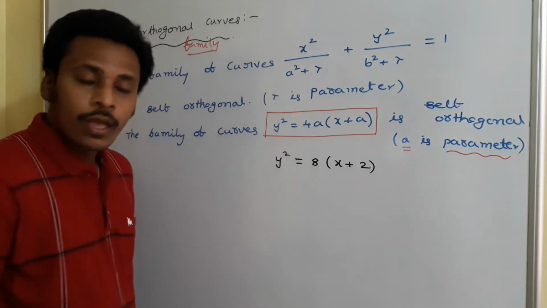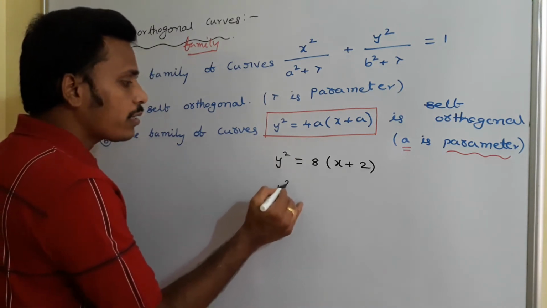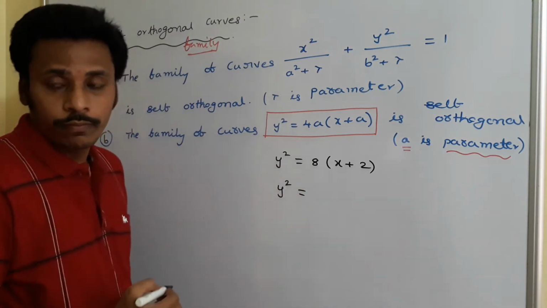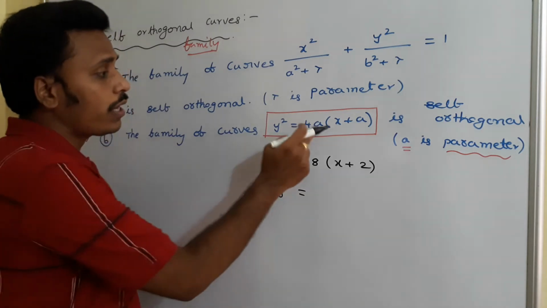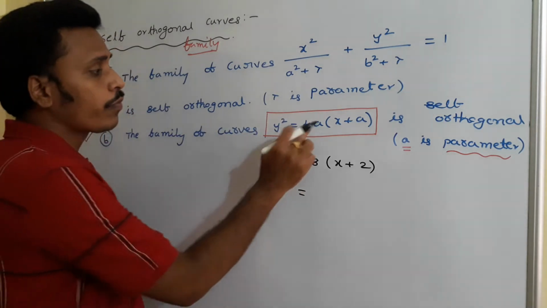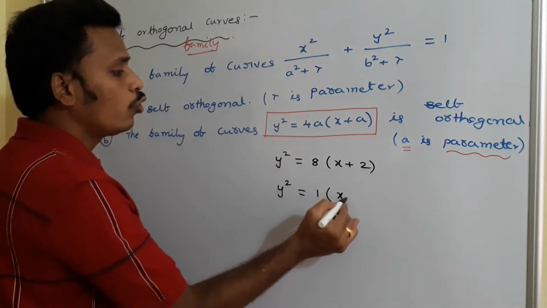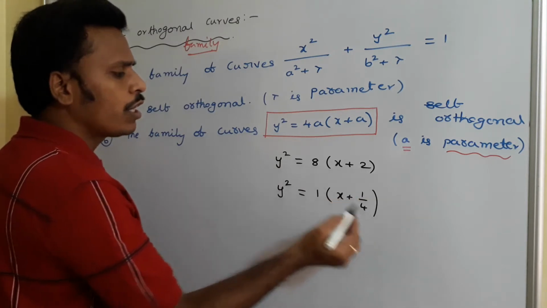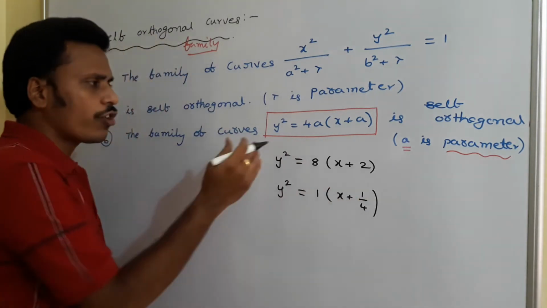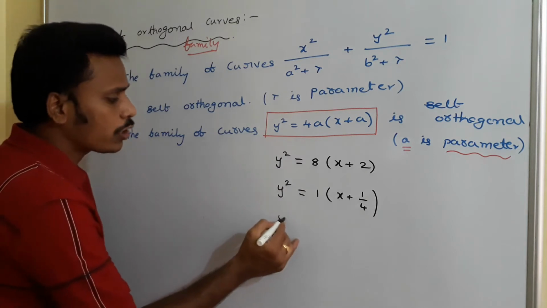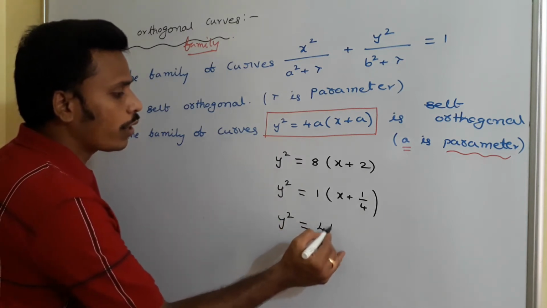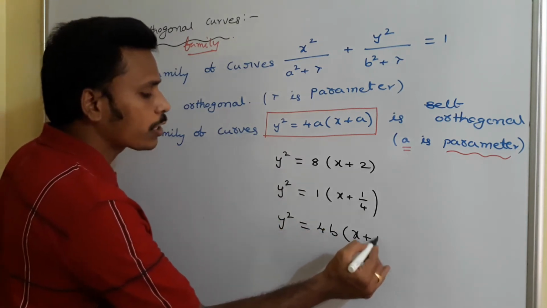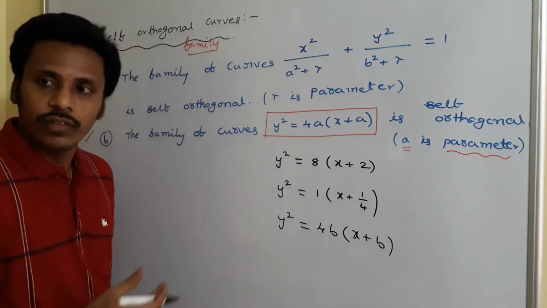Is it right? And suppose if you replace a with 1 by 4, what will happen? 4a is 1, so y square is equals to 1 into x plus 1 by 4. As you wish, you just replace different values in the place of a. Suppose I write y square is equals to 4b into x plus b, I am just replacing a with b.